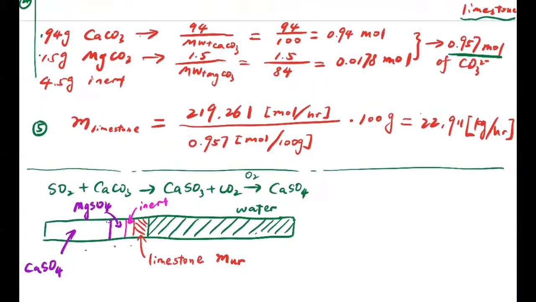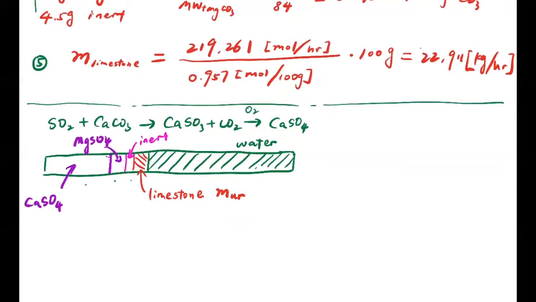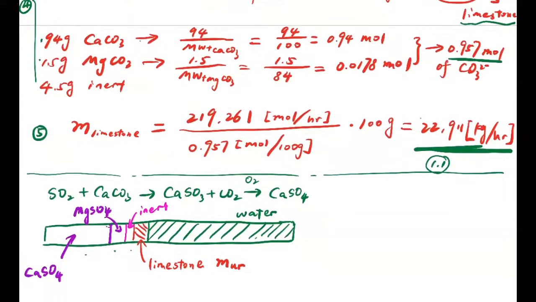So for this problem, let's target it one by one, okay? From the previous problem, we know that the total amount of limestone has this value here. And it's basically 1.1 times the amount required by the stoichiometry. So we can first calculate the unreacted limestone, okay?